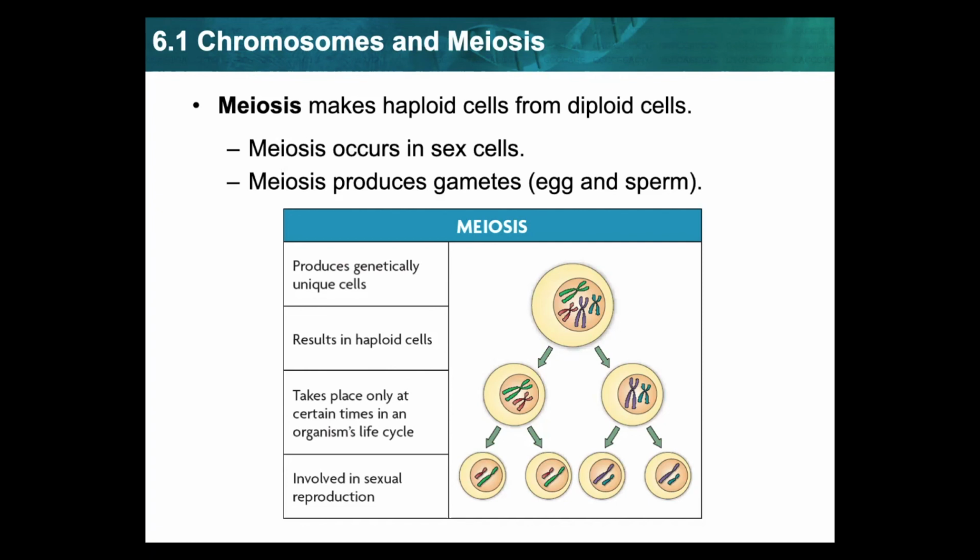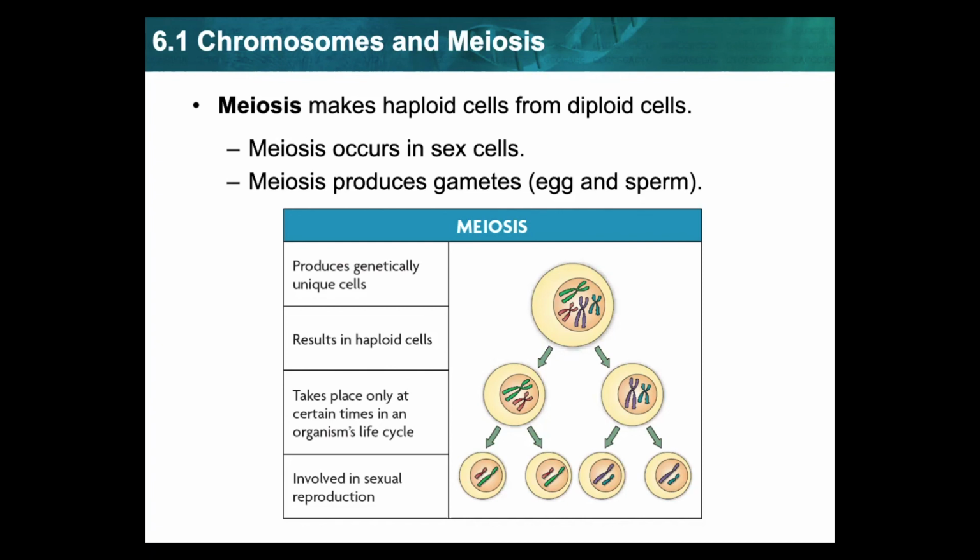And every month, one egg goes through the entire process and goes through every stage of meiosis, and it could be fertilized at that point. But the rest of the egg cells stay suspended in place halfway through meiosis. Sperm cells, though, are constantly being produced, and so they're constantly going through all meiosis stages.